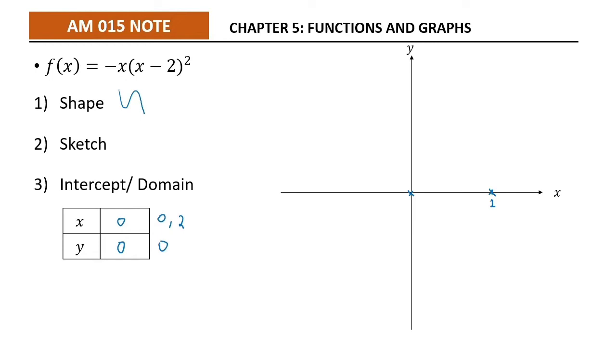But there are only two intercepts in the domain, so look at the function. x is linear, (x minus 2) is quadratic, so there is a minimum point or maximum point in this function at x minus 2. So for x equal to 0, the graph is going downwards, and then quadratic at x equal to 2.